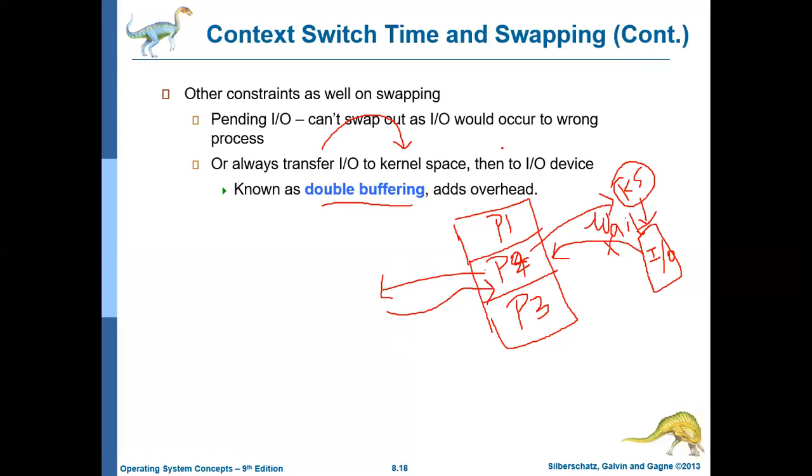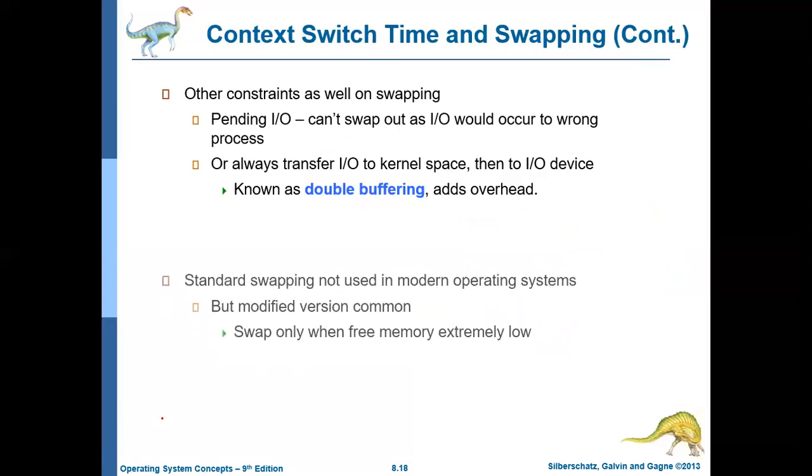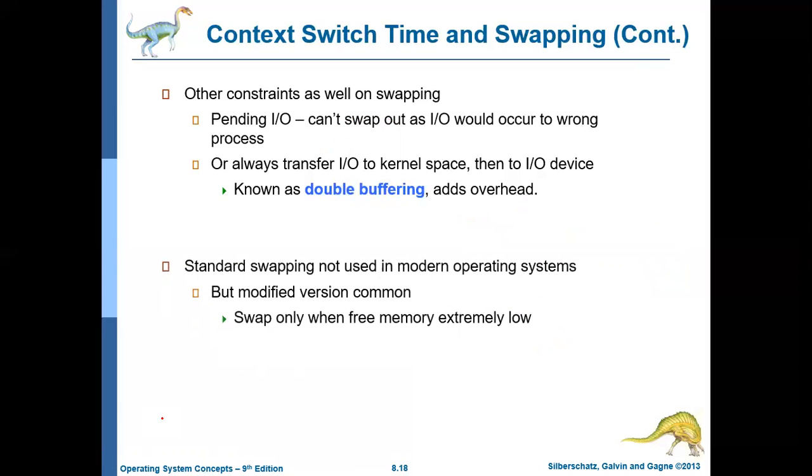So it also has its own overhead, but these are the ways to avoid it. And these are the ways to deal with the processes that are performing IO operation or that are waiting for the IO operation.